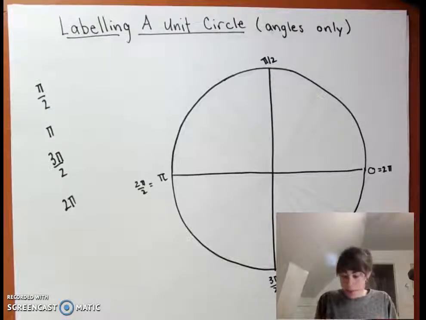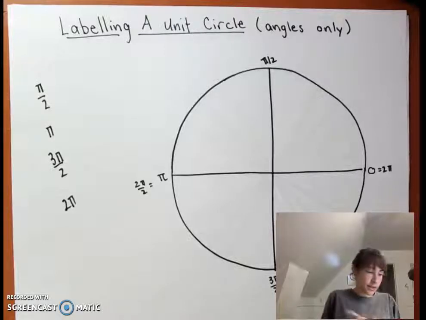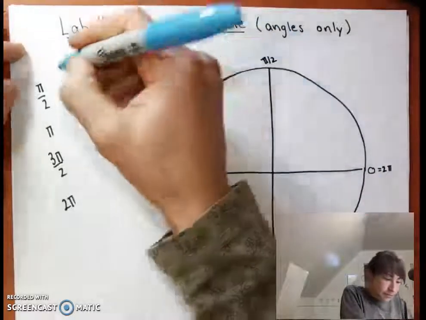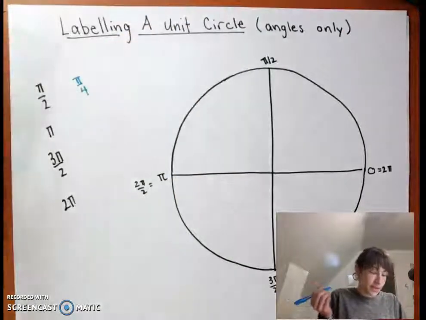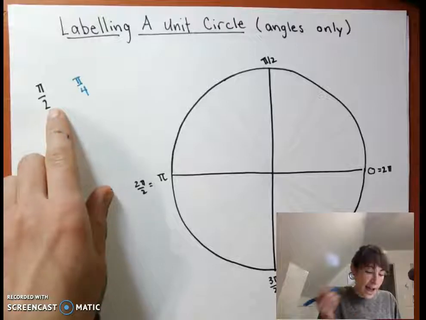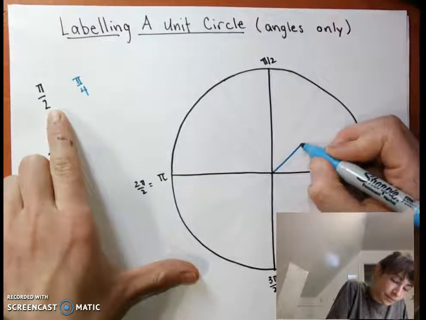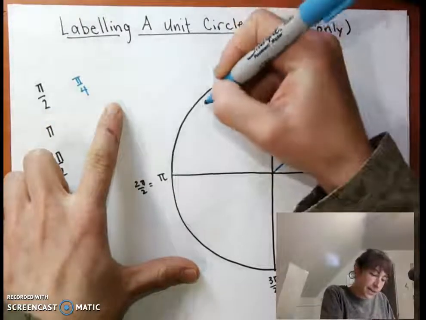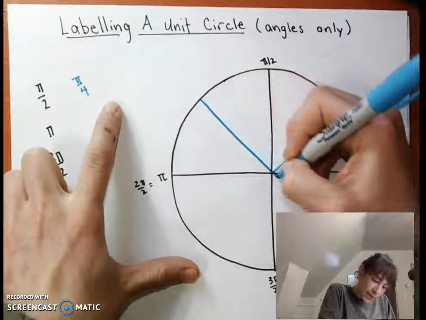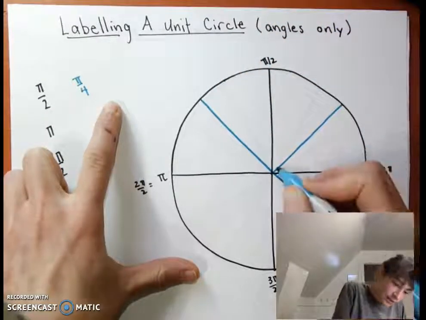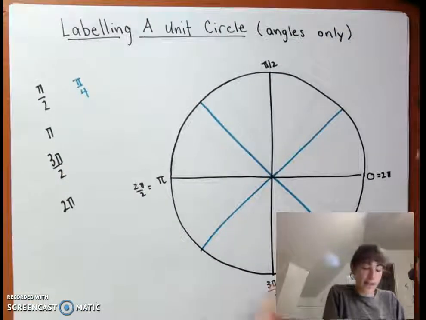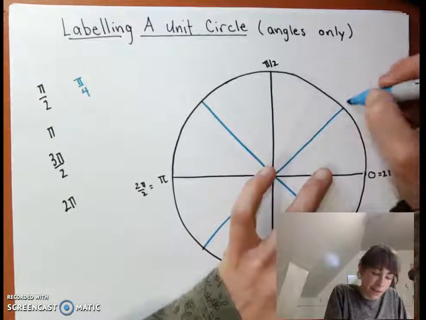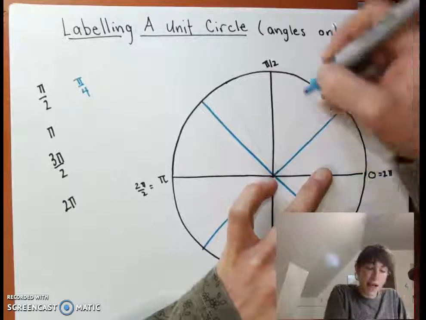So the next set of special angles that I want to label are the multiples of pi over 4. So pi over 4 is half of pi over 2. So if I separate all the quadrants into halves, then what I get is, well, this is pi over 4 because it's halfway to pi over 2.